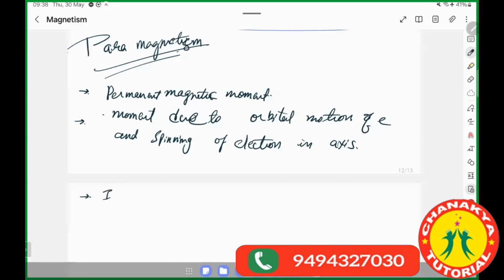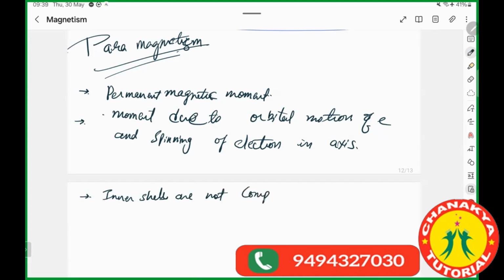So inner shells are not completely filled.